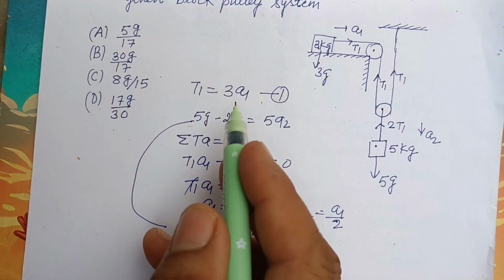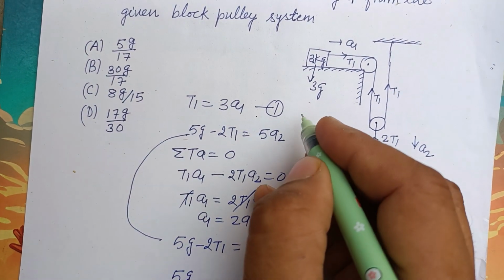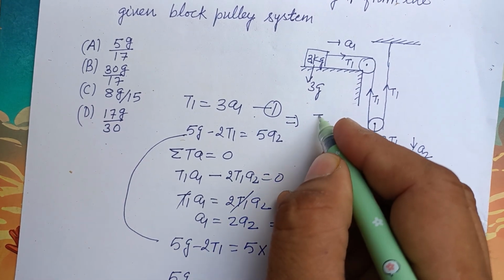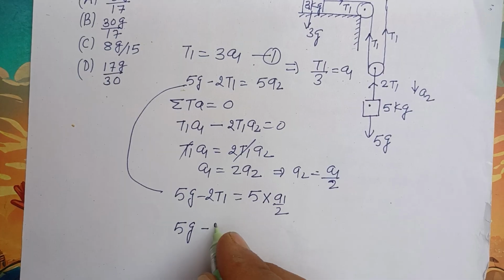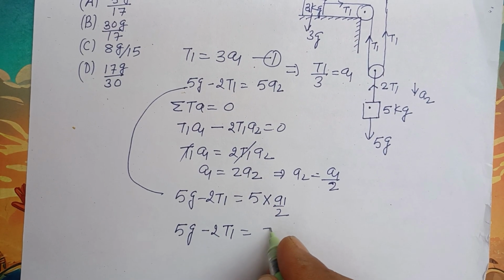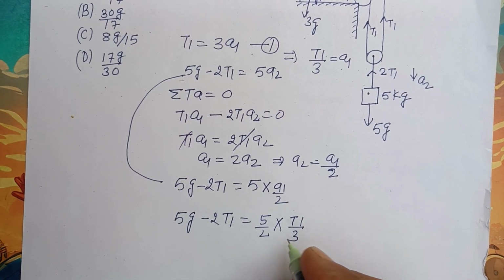Now putting the value of A1 in form of T1. From this we have T1 upon 3 equal to A1. So 5G minus 2T1 equal to 5 by 2 into A1, which is T1 by 3.